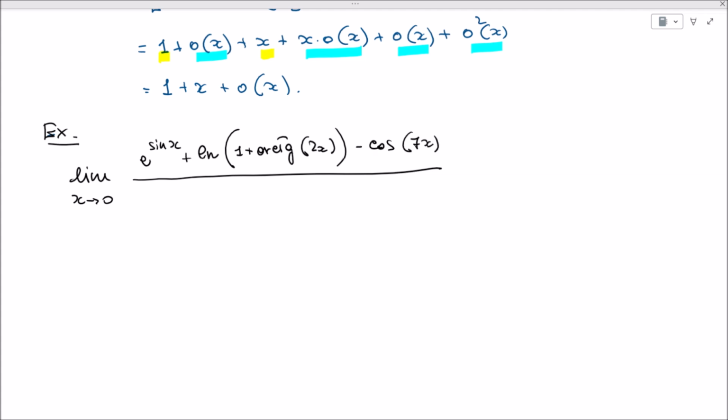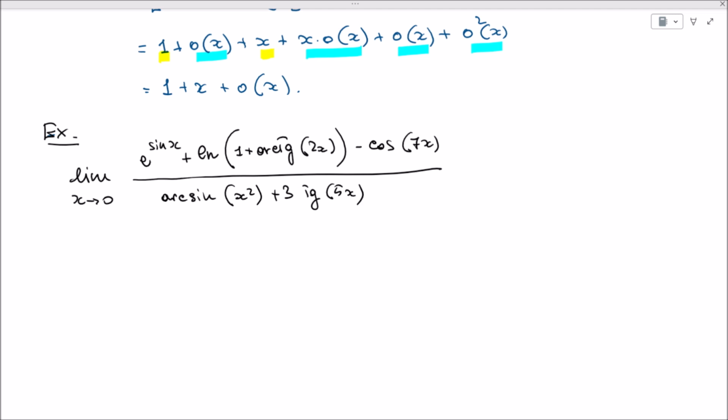And then we have arc sine of x to the square plus 3 times tangent of 5x. Okay, so we want to see what this limit will bring.